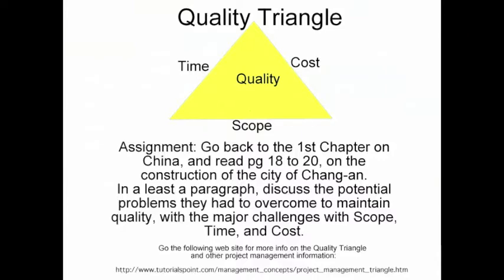Some projects, say for NASA, or environmental, pharmaceutical, or maybe nuclear, quality is rated higher, and the cost and time will go up. But you must look at each of these items when you're working in the industry and working to meet the demands of the customer and your employer.